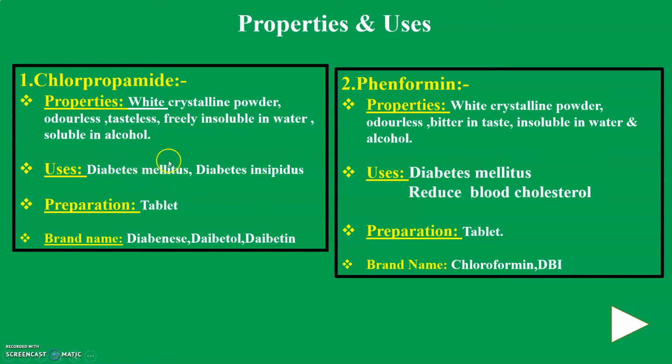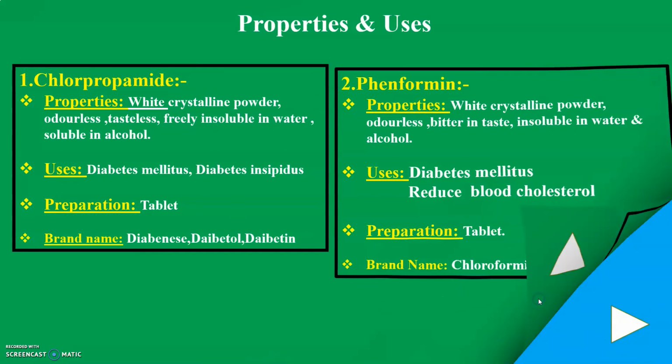It is used in diabetes mellitus and insipidus, generally available in tablet form. These are the different brand names of chlorpropamide. Whereas the second drug is phenformin, with its properties, uses, preparation and brands. These are the two important drugs. Just pause this video and write in your notebook. This is a very important point for your exam.